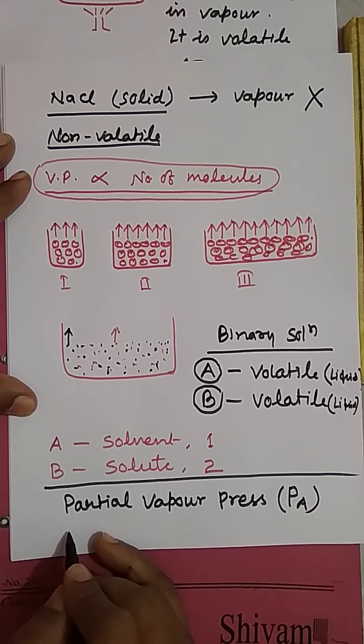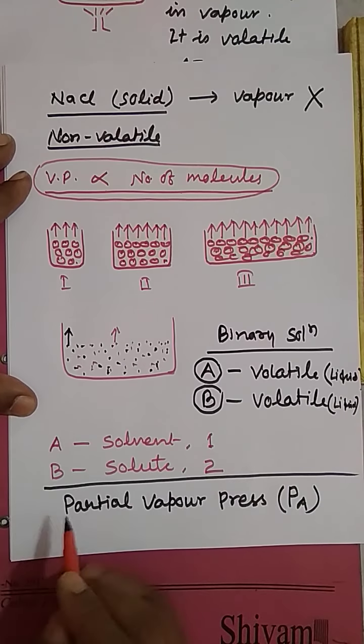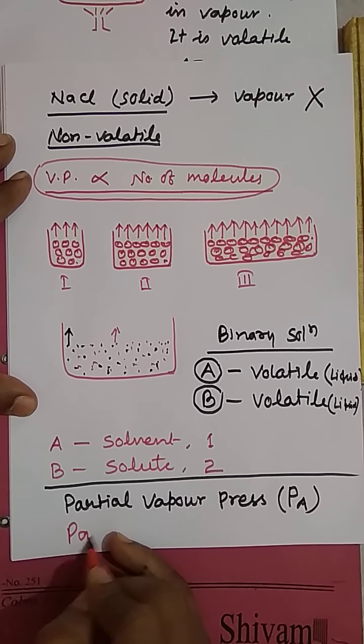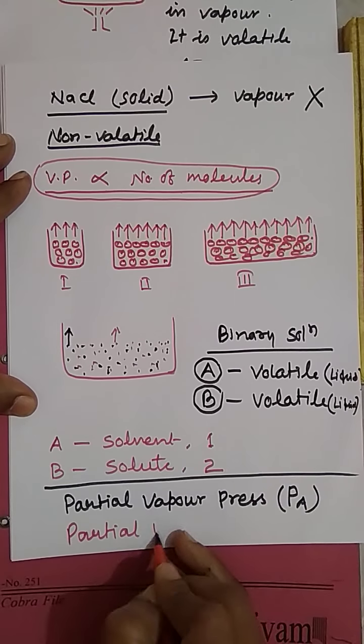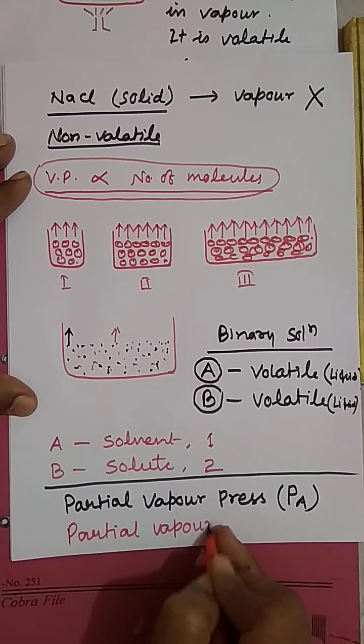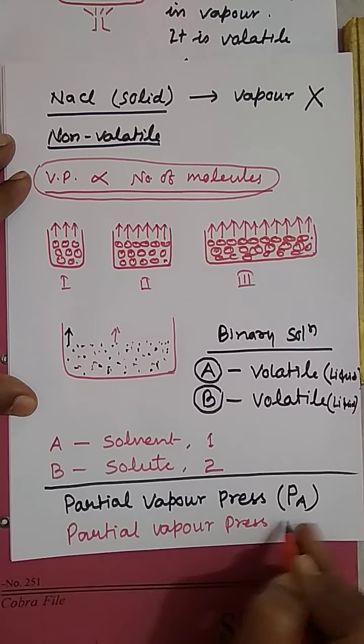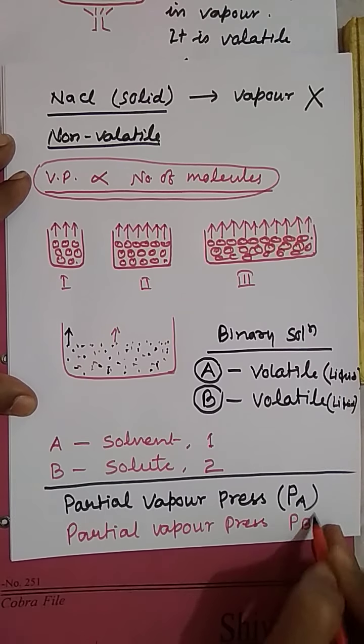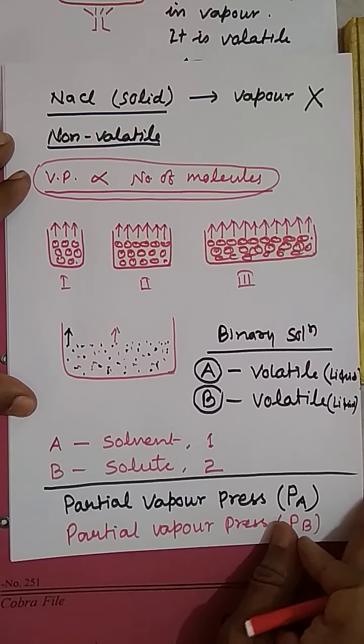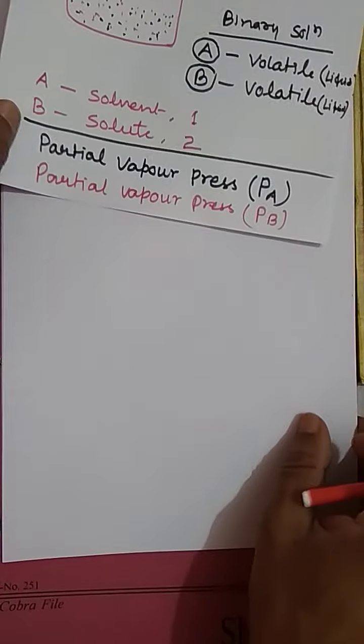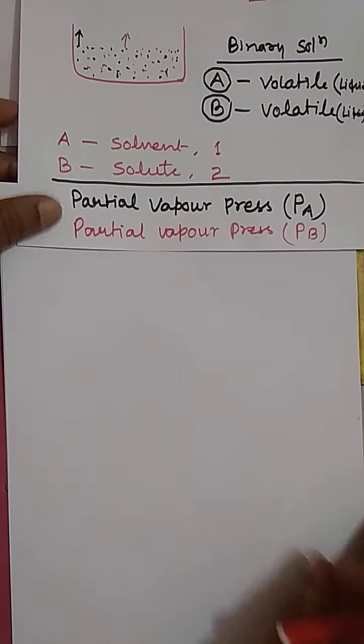And for component B, you should represent partial vapor pressure PB. Okay. Now, you know vapor pressure is directly proportional to the number of molecules.